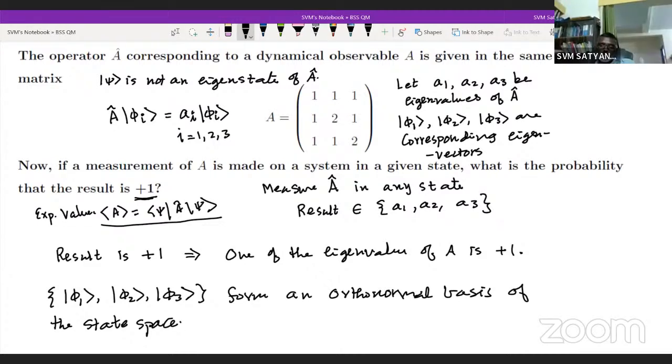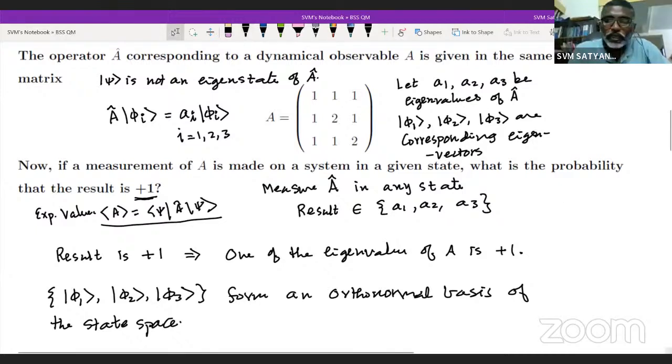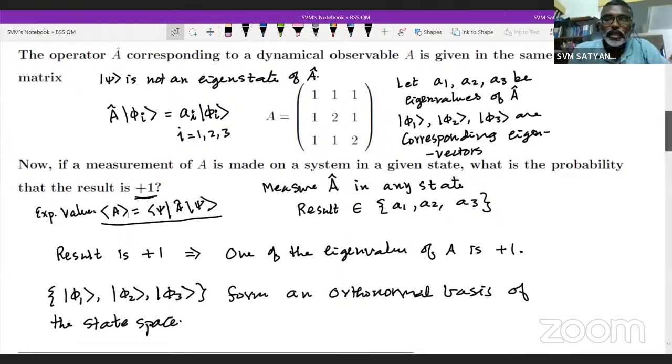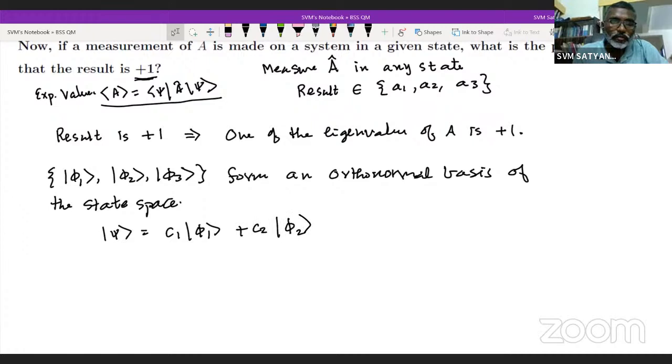Now, if this is a basis, then you can think of expanding a given state in terms of this basis. So what do you get in that case? You will be able to write psi as some C1 times phi1 plus C2 times phi2 plus C3 times phi3.